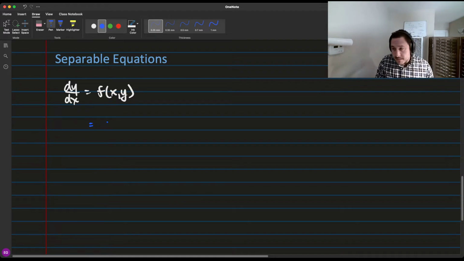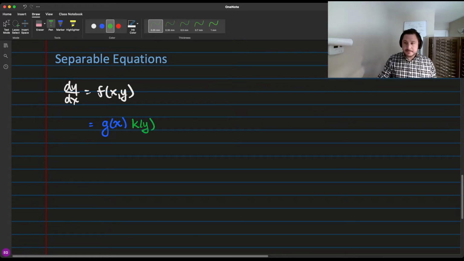One of them is g of x, which is only dependent upon x, and the other part we'll call k of y, which is only dependent upon y. So if you want to talk about them as a product of two functions, each only dependent upon a single variable, we call them g and k.